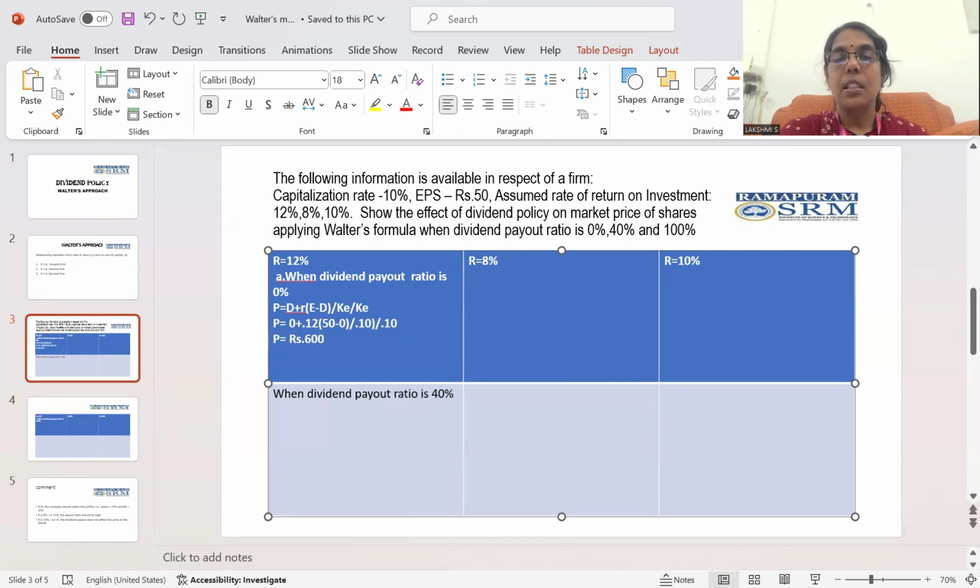Okay. Now when the rate of return is 8%, we are going to calculate the market price per share.